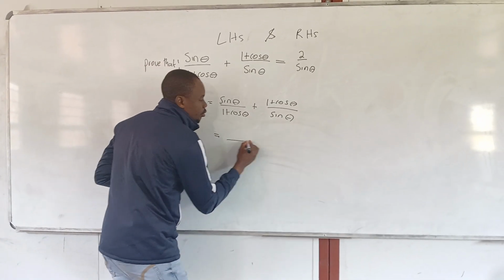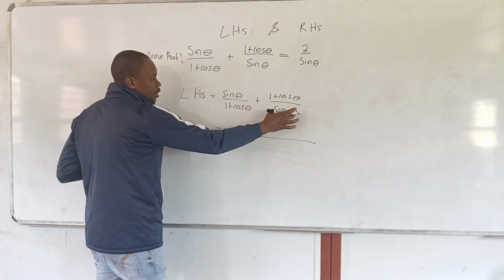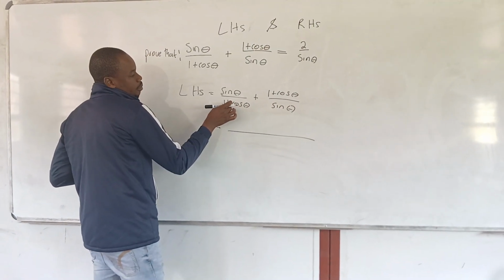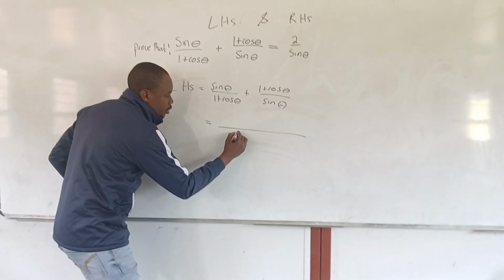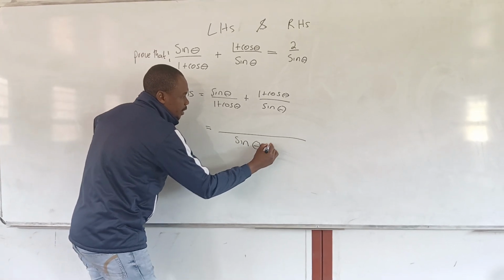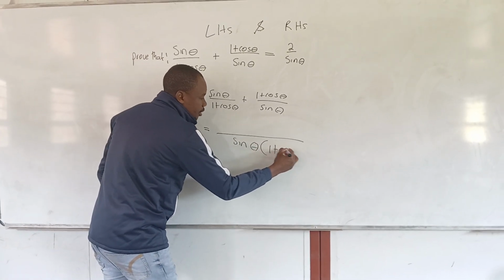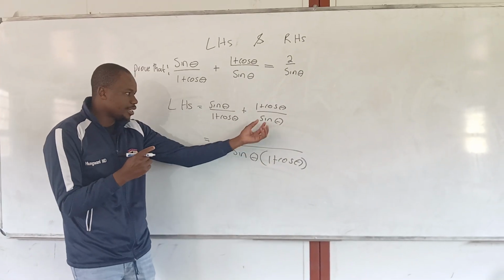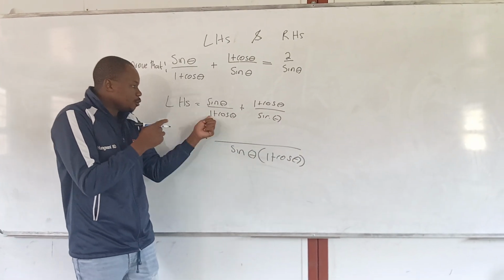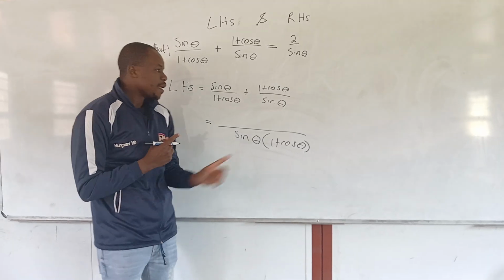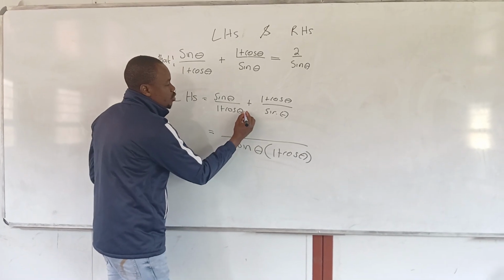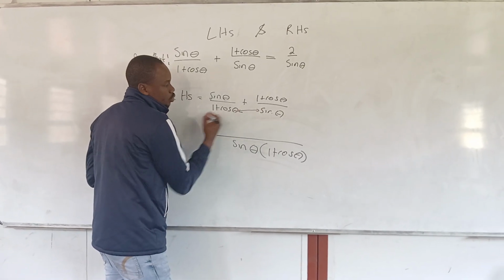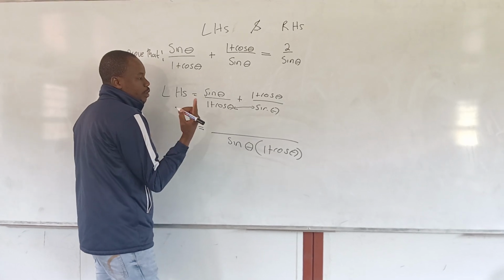So you're going to say divide by, you multiply sine of theta by 1 plus cos of theta. So this will be the sine of theta multiplied by 1 plus the cos of theta. You see that? It's very easy. Just write sine of theta, open bracket, 1 plus cos of theta. Since you have multiplied these two, now you can do the cross multiplication.